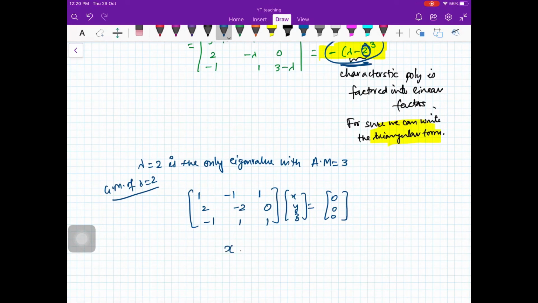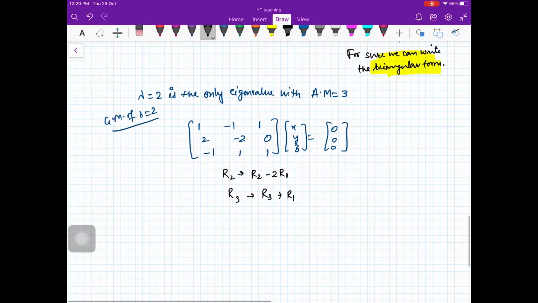So you see here you are getting x minus y plus z equal to 0. Or you can simplify it. You can do r2 goes to r2 minus 2 times r1, and r3 goes to r3 plus r1.